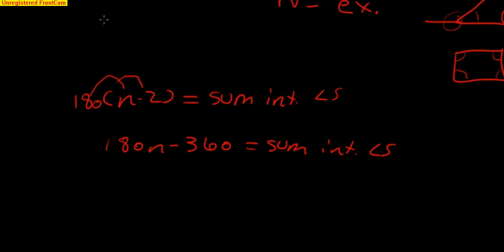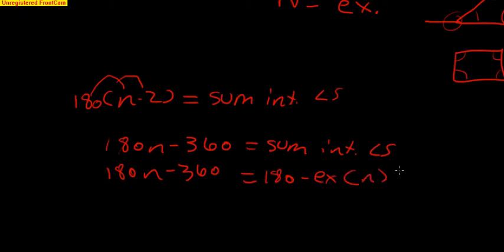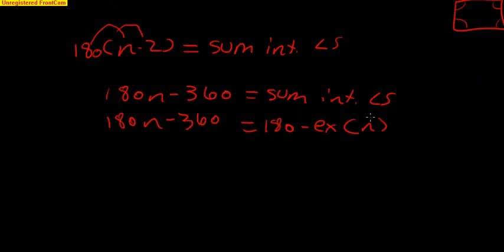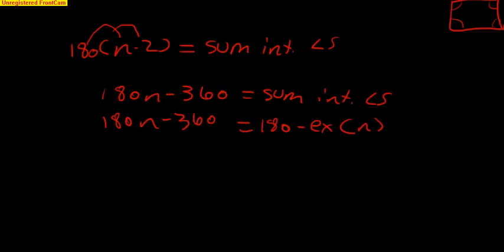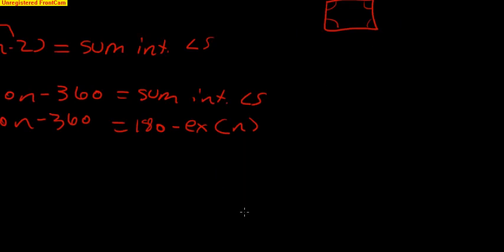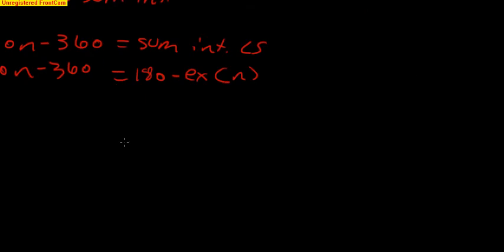So 180n minus 360 is equal to 180 minus the measure of each exterior angle, times the number of sides, right? So that's great. And this is what we're trying to show: how do you know what the number of sides is? Well, I'm going to go ahead and show you.